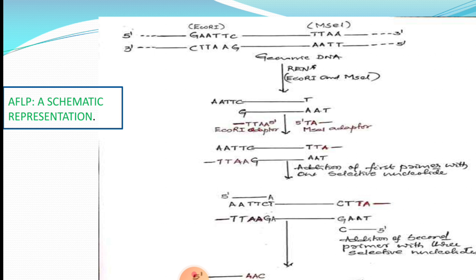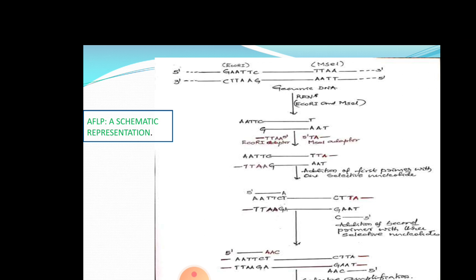And these PCR products are diluted, and again they are used as templates for selective amplification, employing two new AFLP primers that have 2 to 3 nucleotides. This is the next step, right? Addition of first primers with one selective nucleotide. Once you get PCR product, then addition of second primer with 2 to 3 nucleotides, okay?